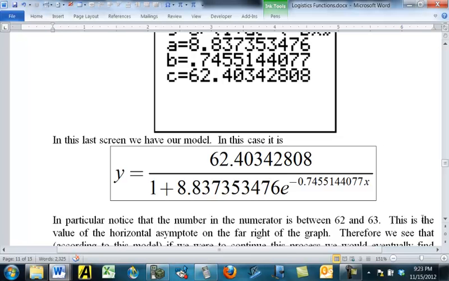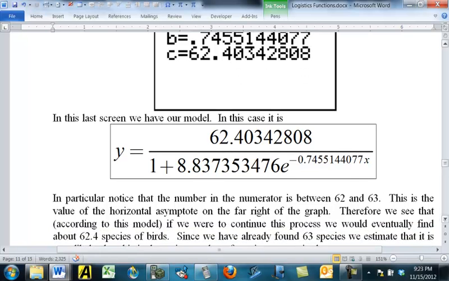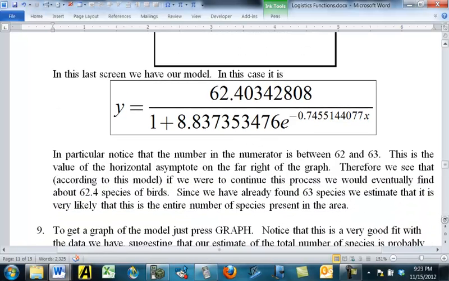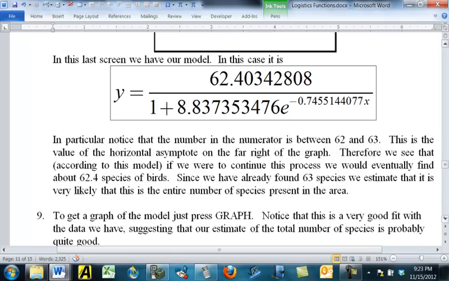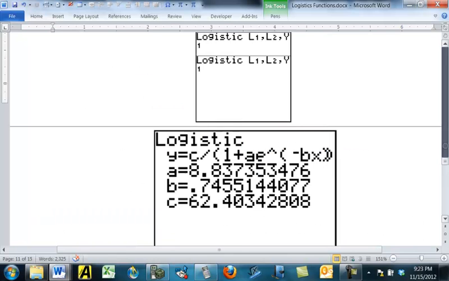That is between 62 and 63, so you expect there to be about 62 or 63 species ultimately. And actually, if you do the cumulative sum, we actually found 63. So the model would predict 62.4 species of birds, 62 or maybe 63. We found 63. So it's likely that we've actually found the entire number of species present in the area. Very likely.